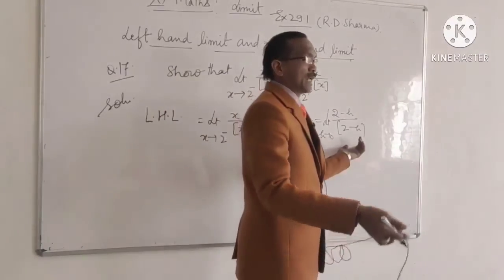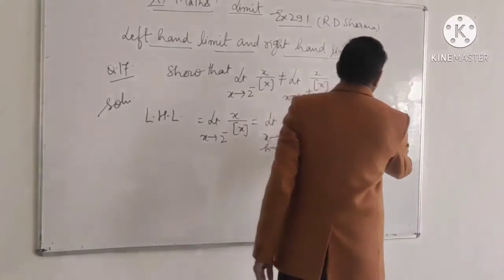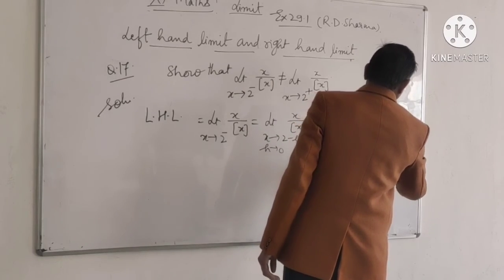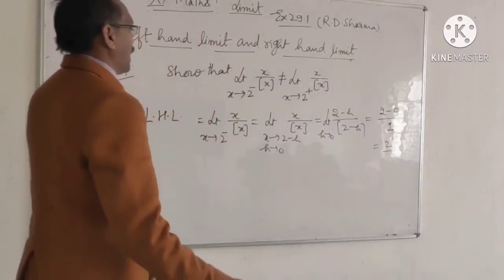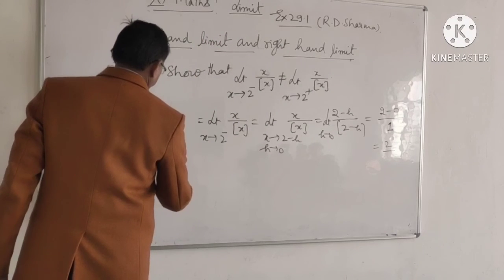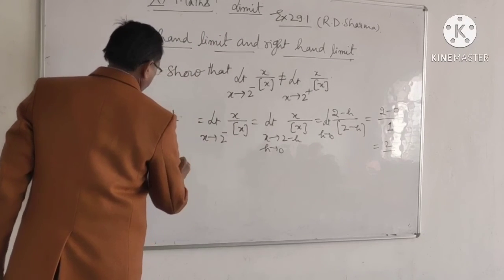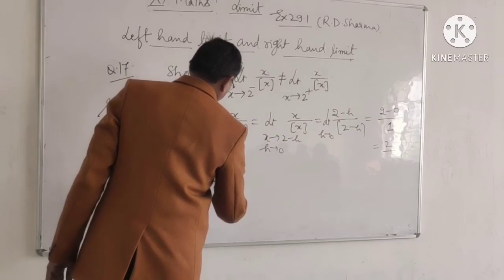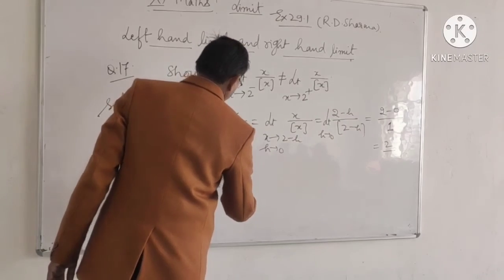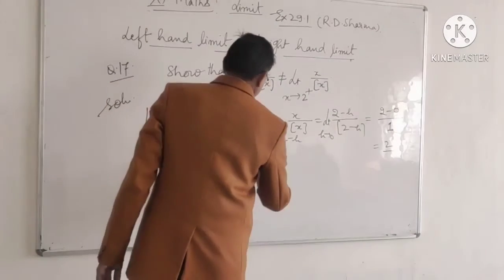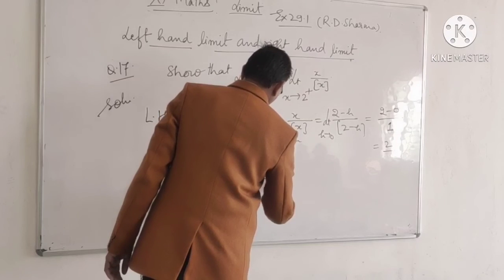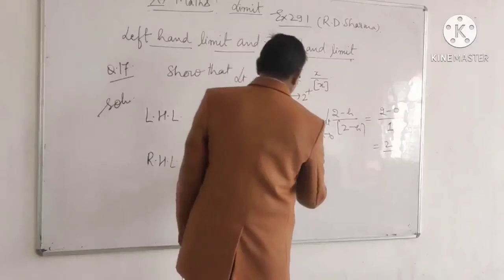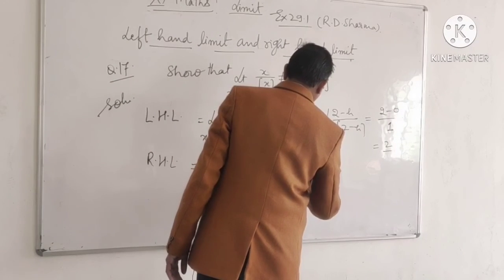Student, this value is less than 2, so its greater integer result is 1. It is 2 minus 0, so the answer is 2. If we find the right hand limit, then it is limit x tends to 2 plus of x upon this, that is limit x tends to 2 plus h, h tends to 0, of x upon greater integer function x.